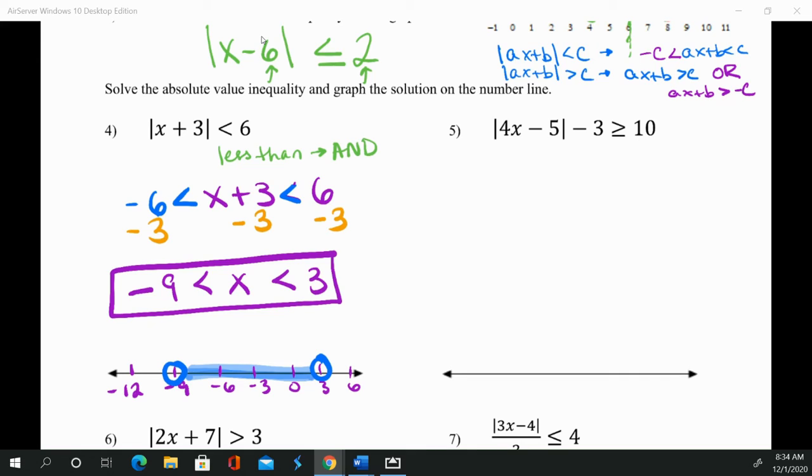Okay, with 5, before we can do anything, we have to isolate the absolute value. So our first step is to deal with this -3. So we're going to add it to both sides first. And we get the absolute value of 4x minus 5 is greater than or equal to 13.